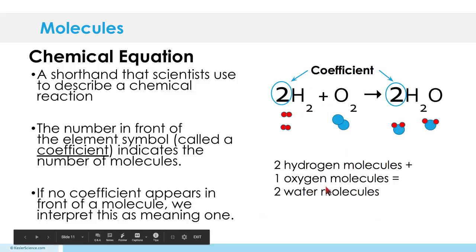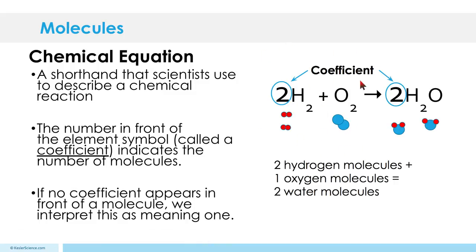So let's look at this reaction. We have our reactants on this side, 2 H2s plus O2, and then something happens here to make it react. We call it a yield. So these molecules will react and form this compound, 2 H2Os.